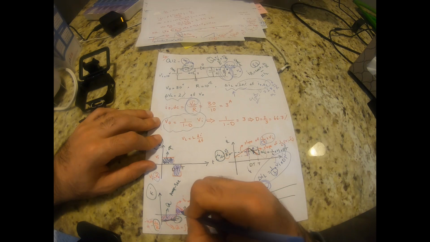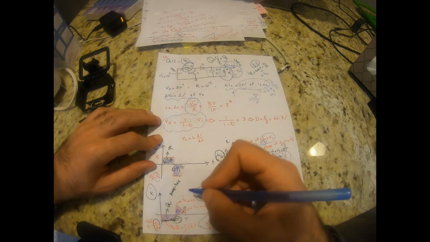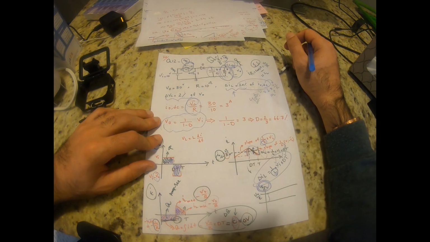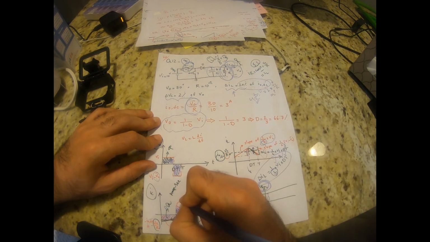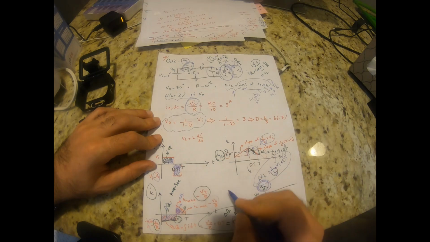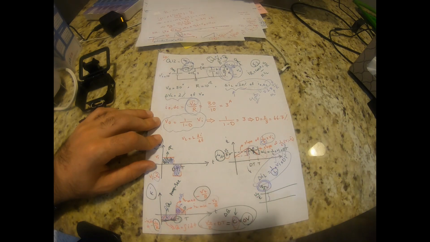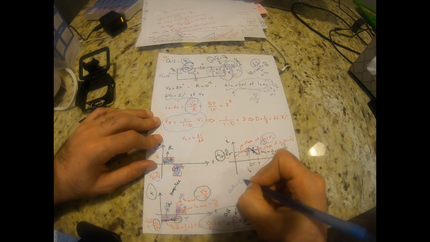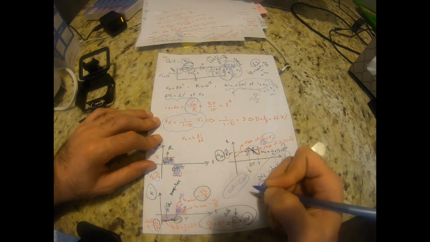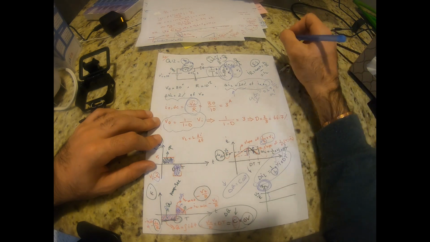And based on amp-second balance, these two areas have to be equal. So this delta Q has to be exactly equal to delta Q, right? Delta Q, we know that it's equal to C times delta V. That's a capacitor's characteristic.